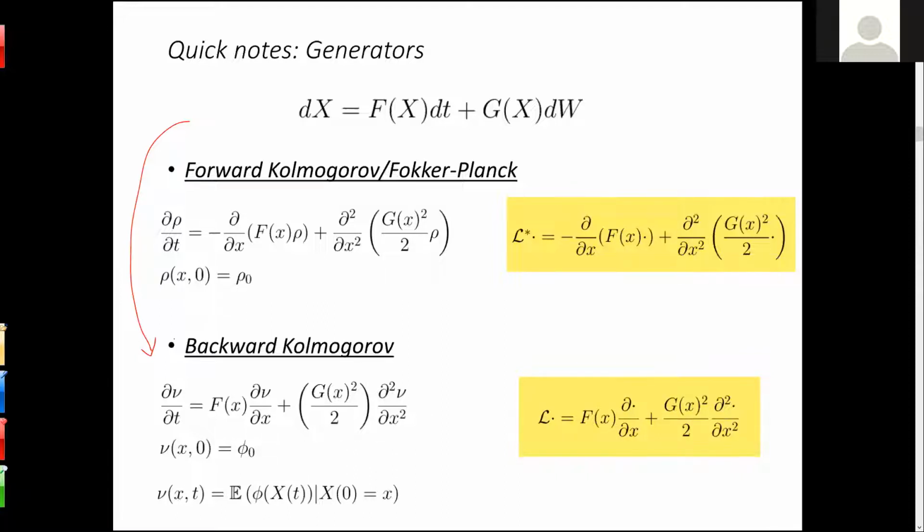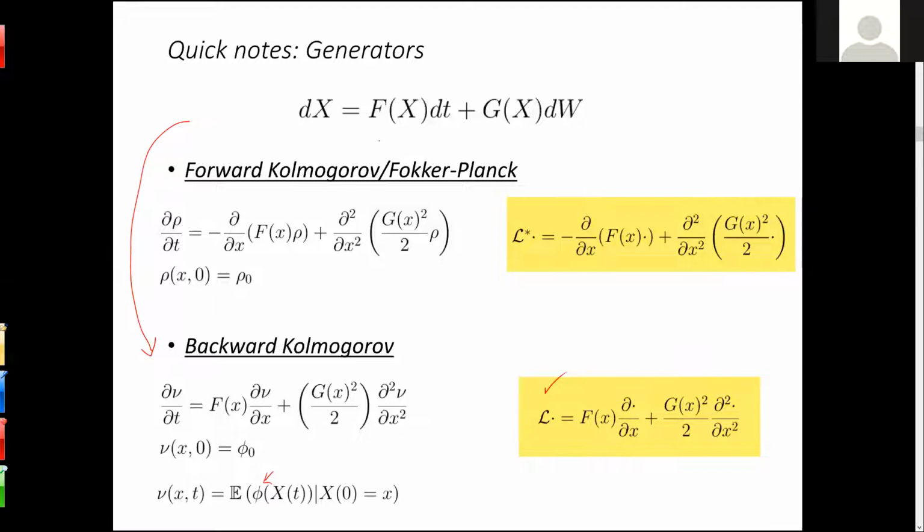Phi is some smooth function. Again, I will leave the technical details, so just take it as is for now. What is important is an SDE gives you an operator. That operator is called the backward Kolmogorov operator, inducing the Cauchy problem.